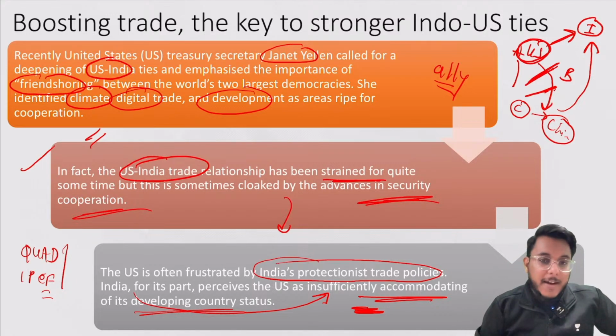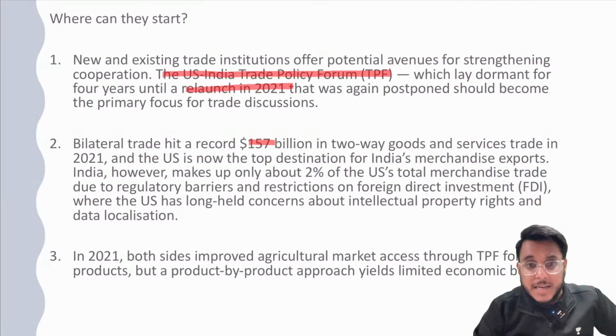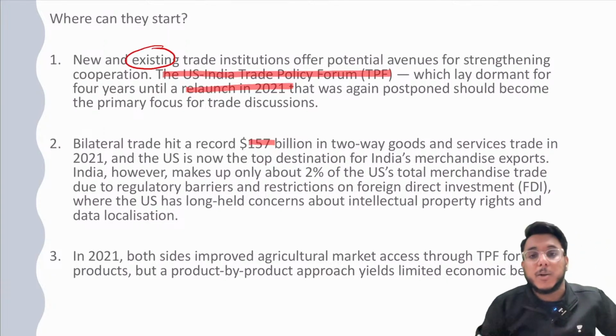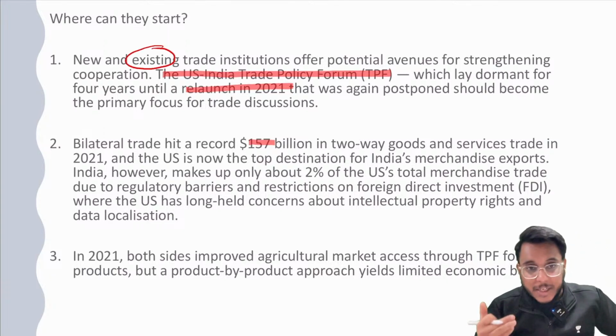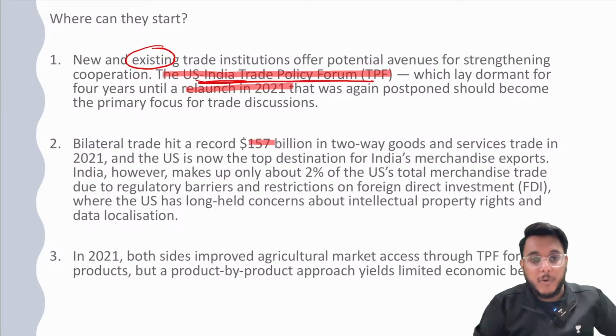Then we find that there are patent issues and intellectual property right issues also. Because of that, there have been disputes between India and USA in the past. Now it is being provided that the trade relations need to be improved. And for improving the trade relation between India and USA, there is the US-India Trade Policy Forum.